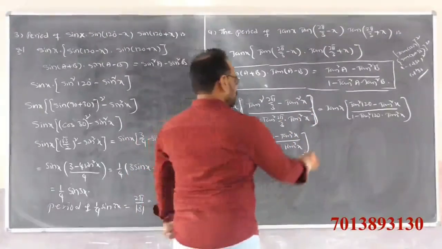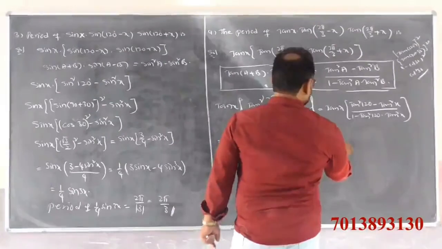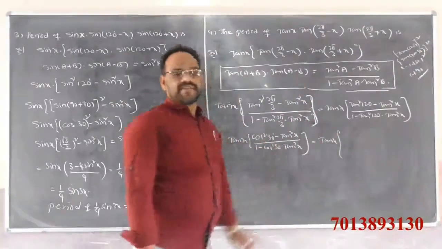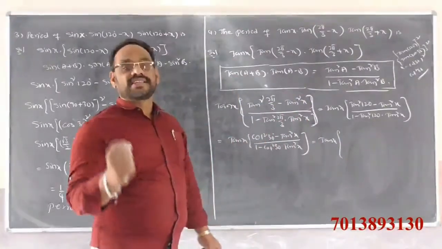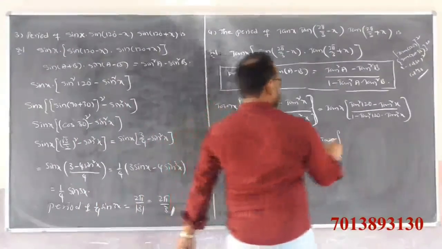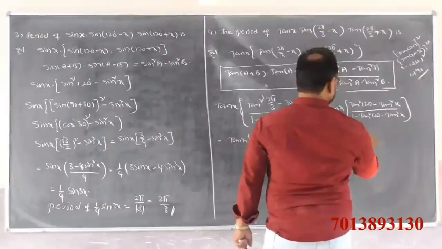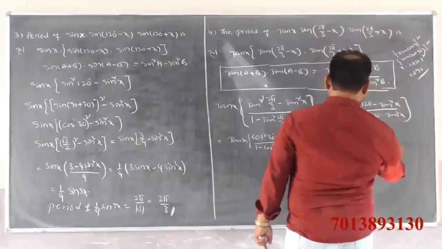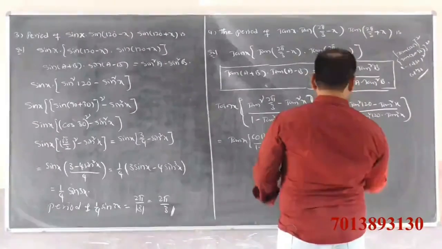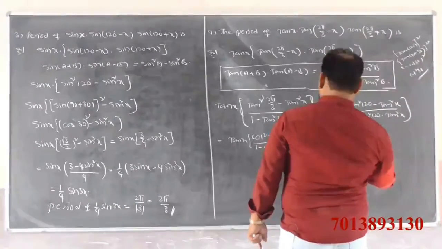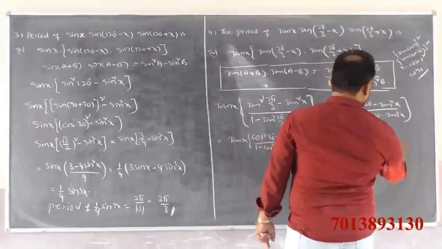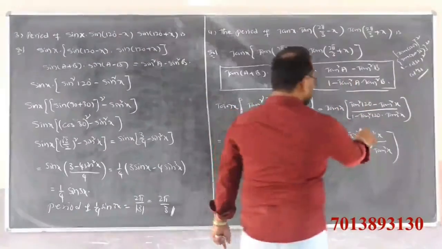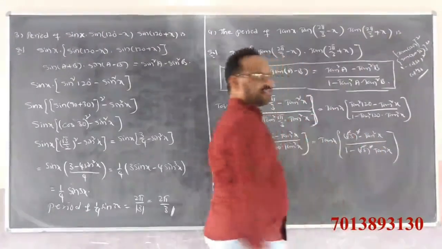We already know that cot 30 is square root of 3. So substituting, tan x into square root of 3 whole square minus tan square x by 1 minus square root of 3 whole square into tan square x. Clearly the square and root get cancelled.